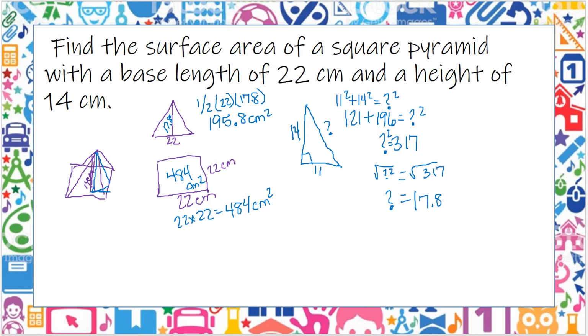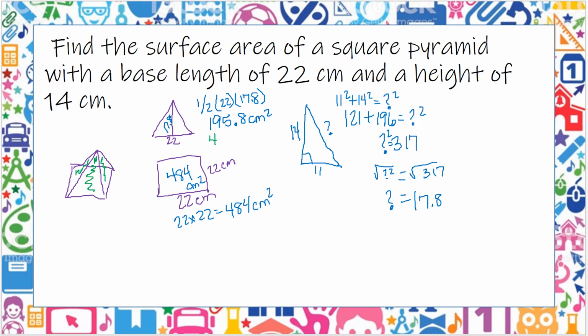Now, go back to look at our initial pyramid. Let me erase some of this. There we go, so that it's a little easier to look at. We have this triangle. We've got the back triangle. We've got this side. And we've got the front. So we have 4 of these.